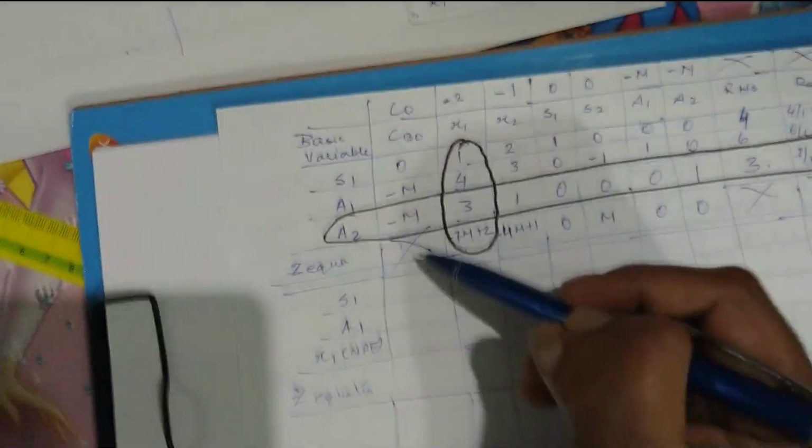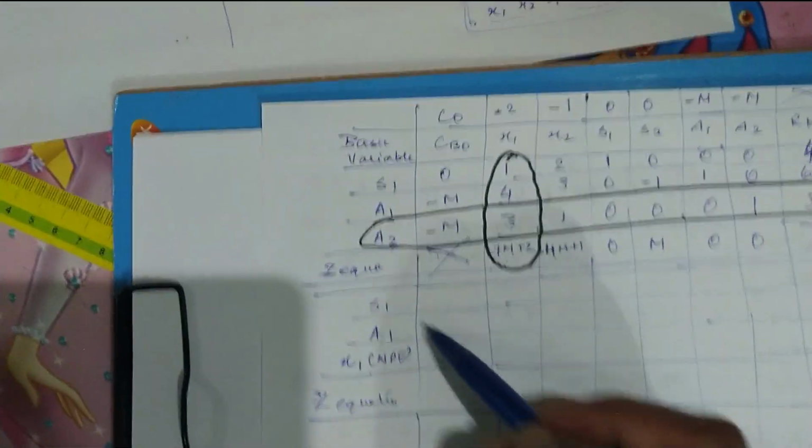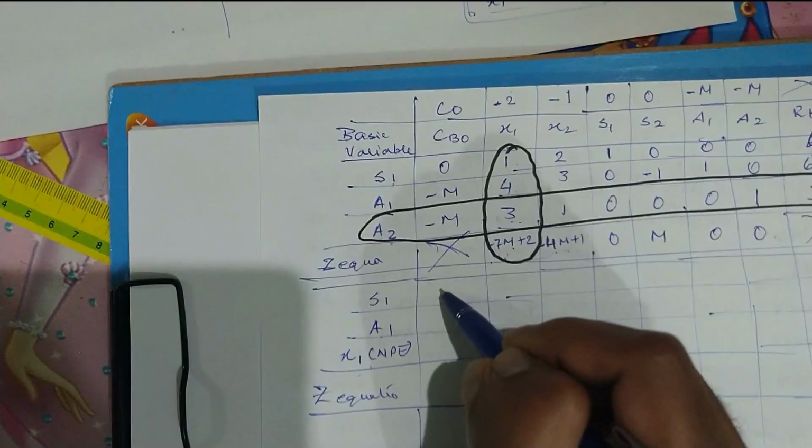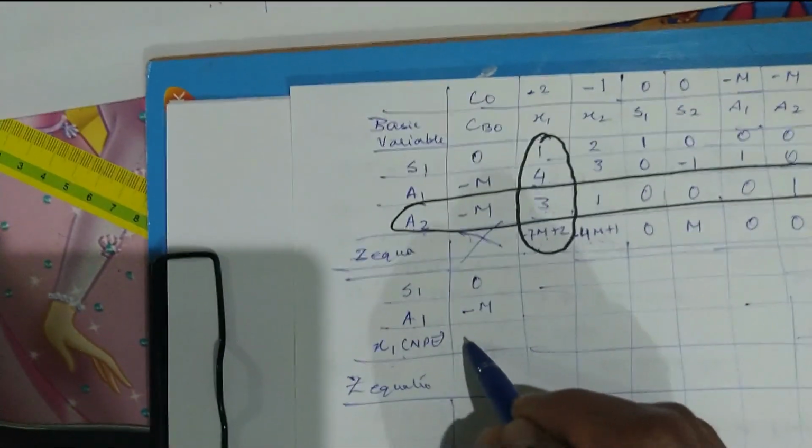Just as we had discussed earlier, the coefficient of the basic variable in the objective function needs to be taken from this particular row and written here. So the coefficient of S1 in the objective function is 0, A1 is minus m, and X1 is minus 2.